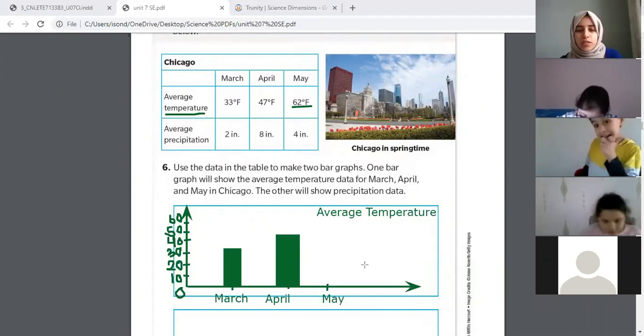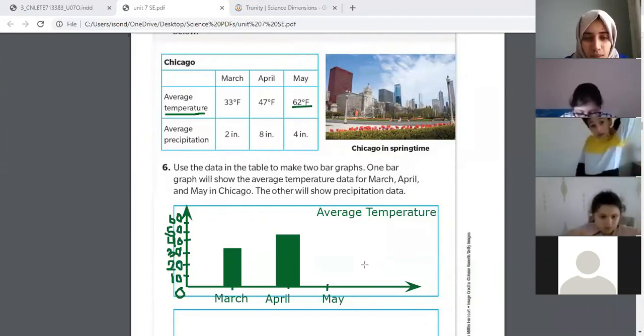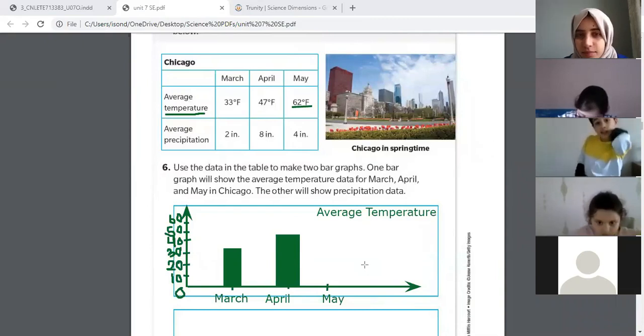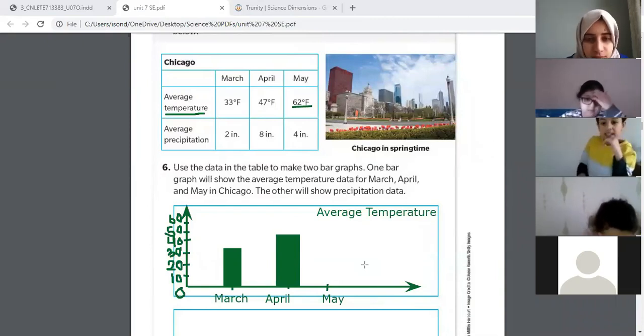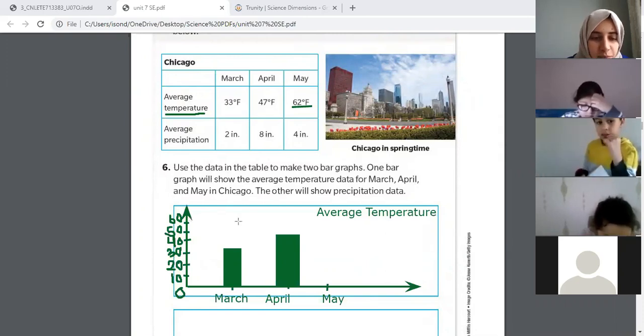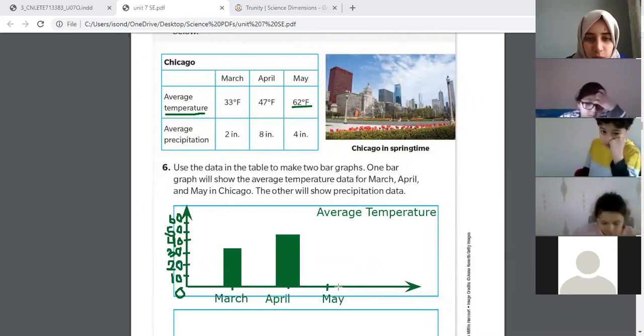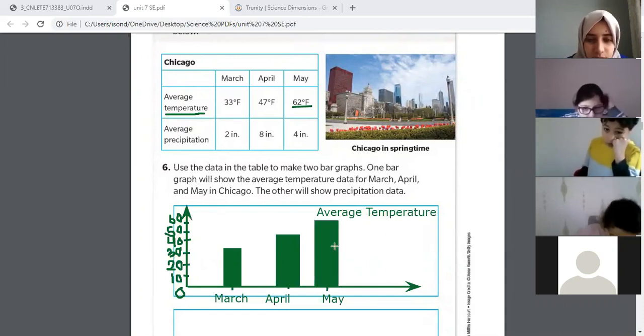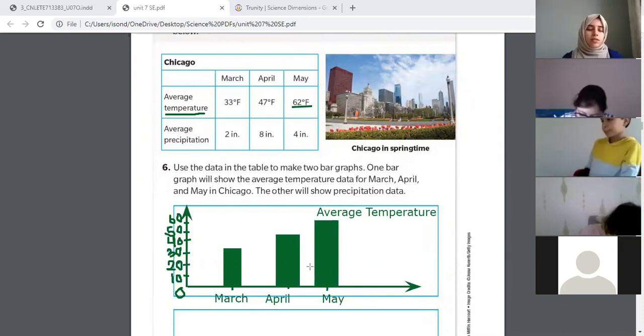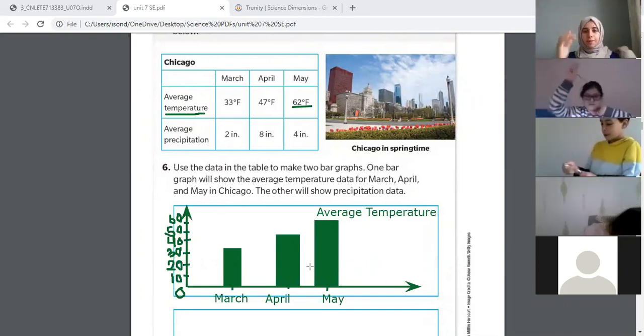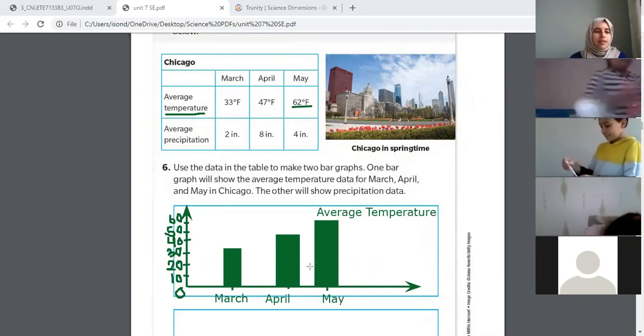Yara, what was the temperature in May? In May, it was 62. So because it was 62, I have to put it above 60 just a little bit because it was more than 60. And from the bar graph, Yara, what month had the highest temperature? May. May had the highest temperature. Well done.